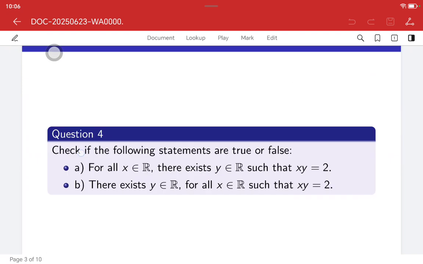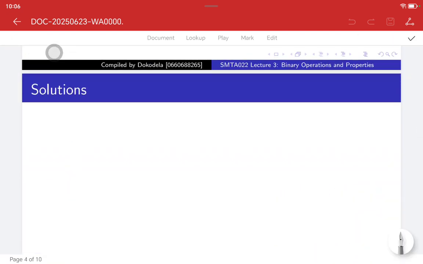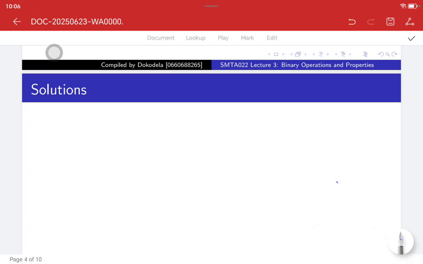But we are given this binary operation. They say the binary operation is A star B is equal to 5AB over 17.